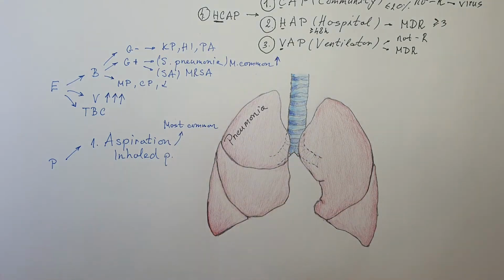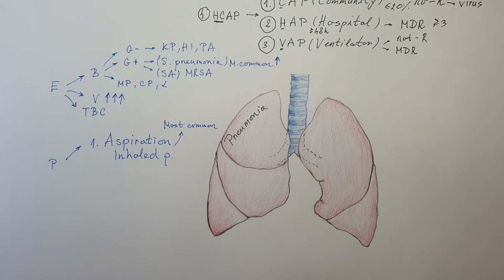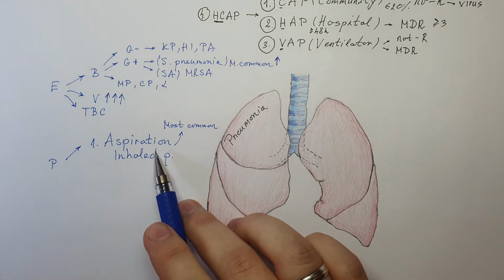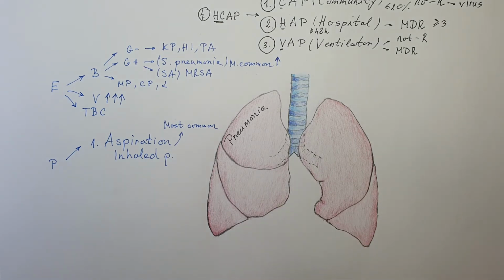We aspirate fluids, or we inhale pathogens in droplets from the air, and they overcome all our barriers and come to the tissue and overpower our tissue macrophages and alveolar macrophages, and the infection or pneumonia develops.